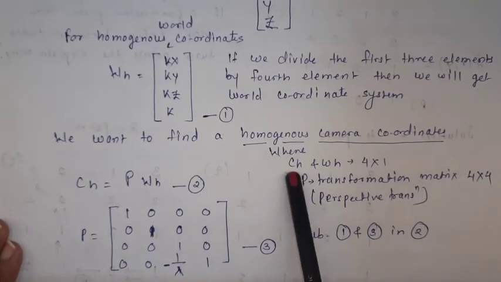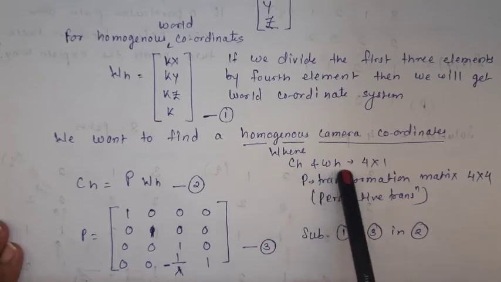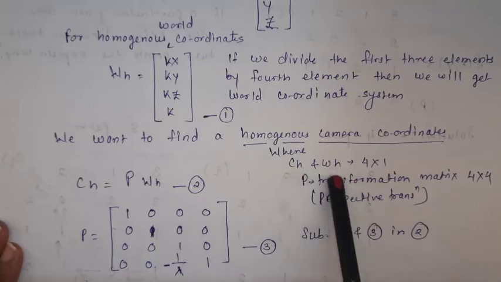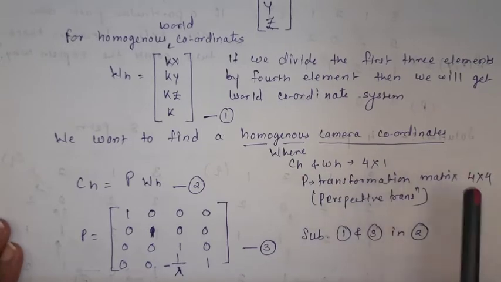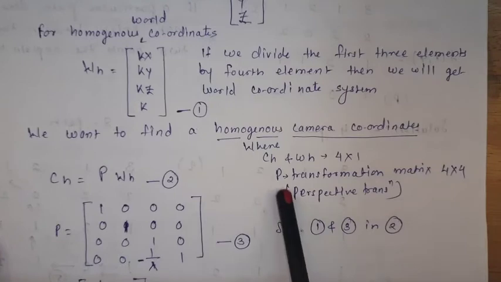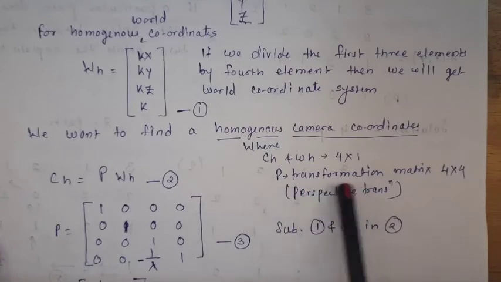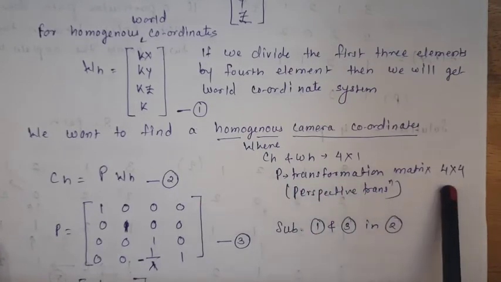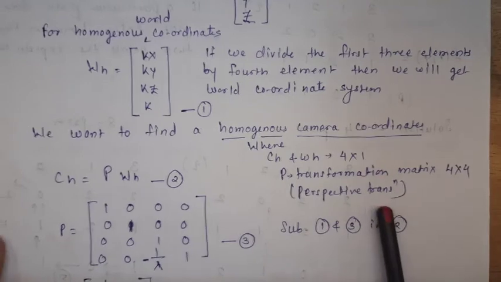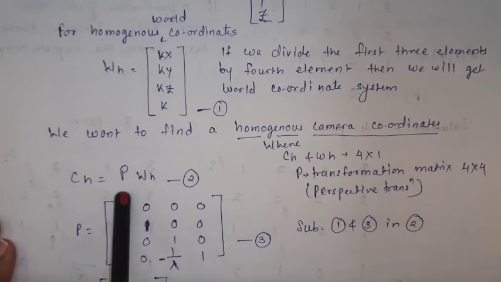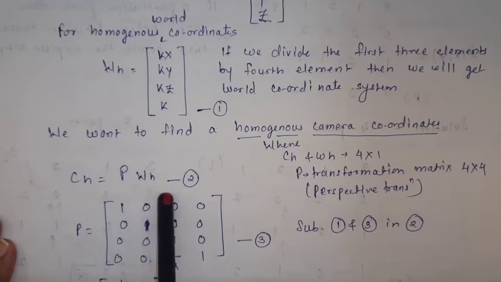CH is the camera coordinate, C for camera, H for homogeneous, and W is for world, H for homogeneous. CH and WH are both 4 by 1. We want to find the perspective transformation matrix, which is represented by P. It is 4 by 4. So the relationship will be CH equal to P into WH.